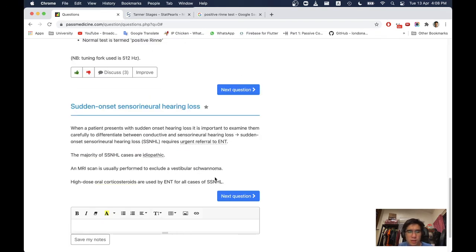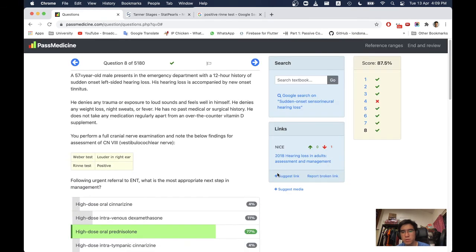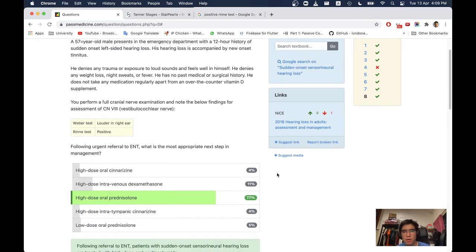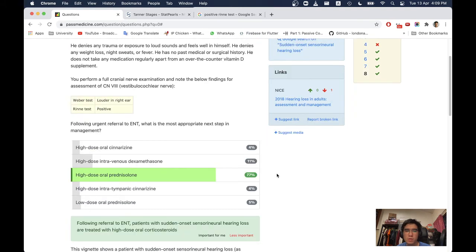An MRI scan is usually performed to exclude vestibular schwannoma. Okay, high-dose oral corticosteroids are used by ENT in all cases of sensorineural hearing loss. No, it's not giving me any reason. I'll just assume that it's some sort of inflammation and they just give steroids.